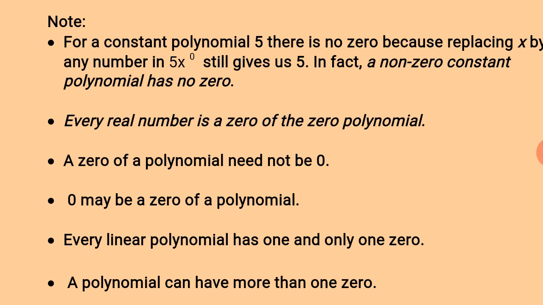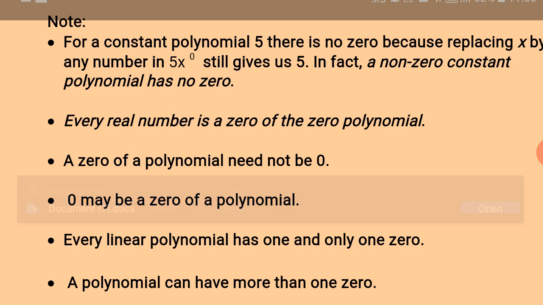That's what I told now. It may be, it may not be. Next, every linear polynomial has one and only one zero. Linear polynomial is a polynomial of degree 1. So it will always have 1 zero, only 1 zero.